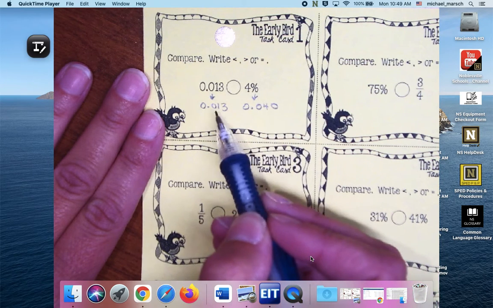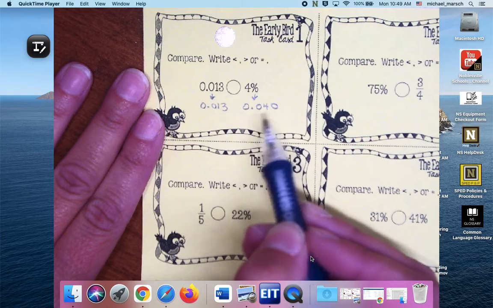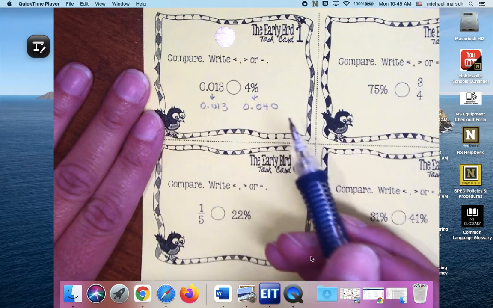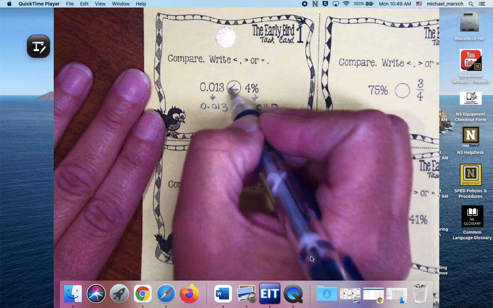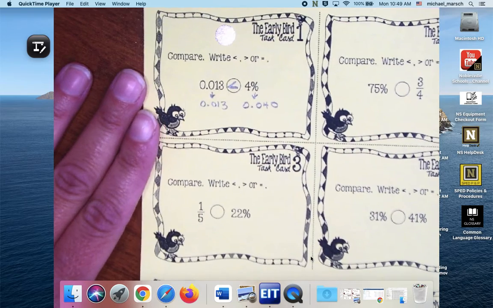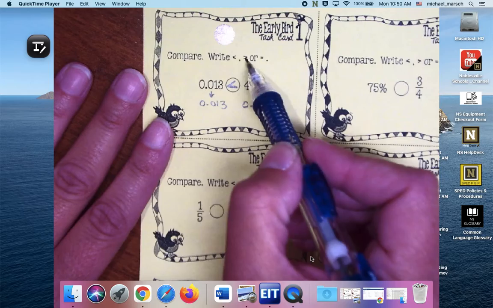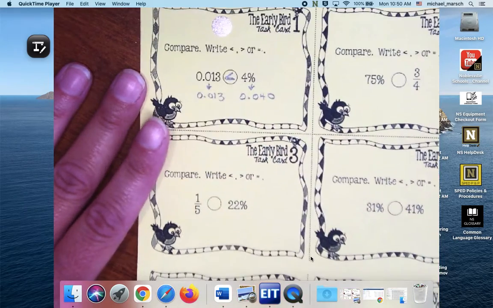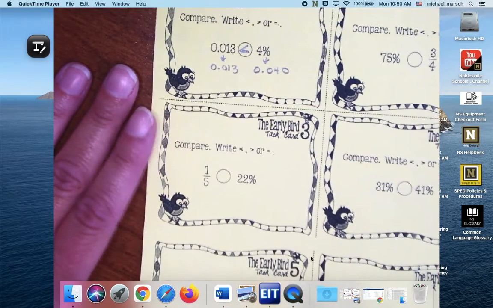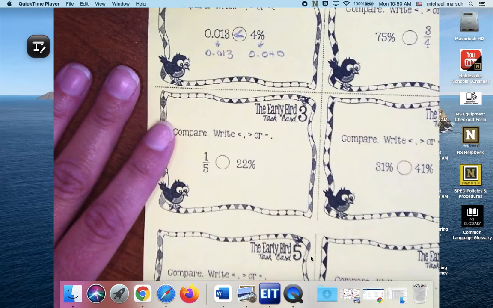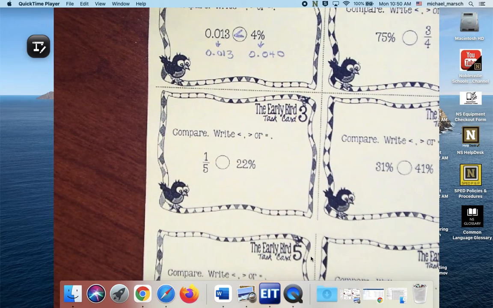So now all I need to look at is what is bigger, 13 or 40? 40. So that would be my answer there. Okay. So we're doing inequalities here. Less than, greater than, or equal to could be the choices. Does anybody have questions about this before I just let you go? Okay.